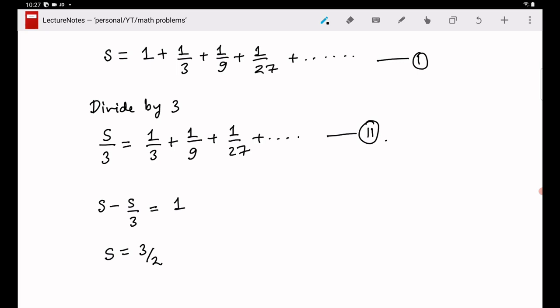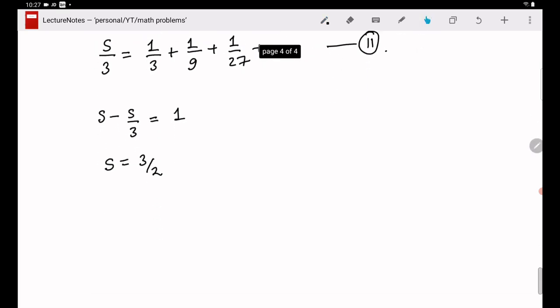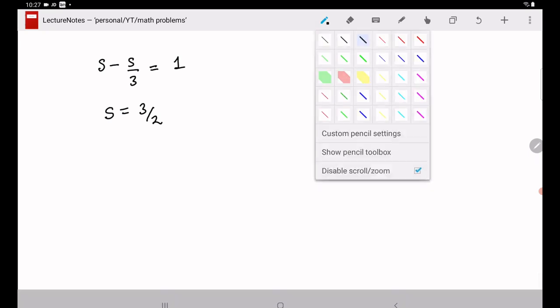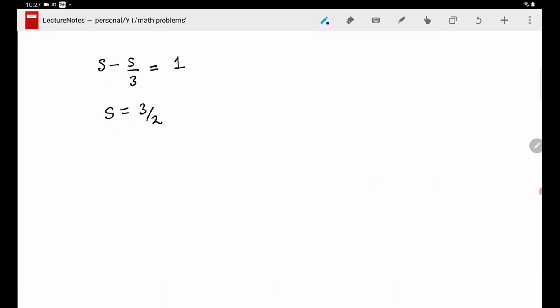Say we have to find the sum of an infinite series where consecutive terms have a ratio R. So let's say we have to find the sum S for a series whose terms are 1, R, R square, R cube, and so on.